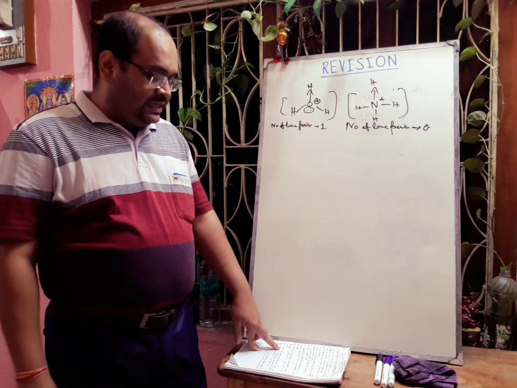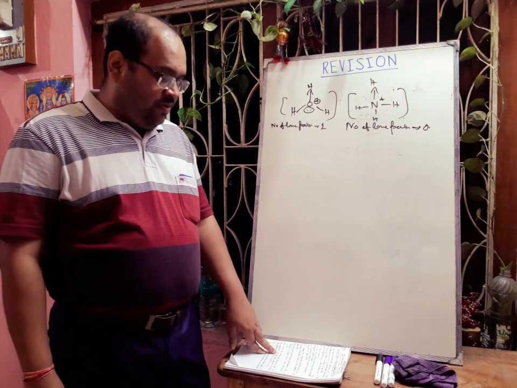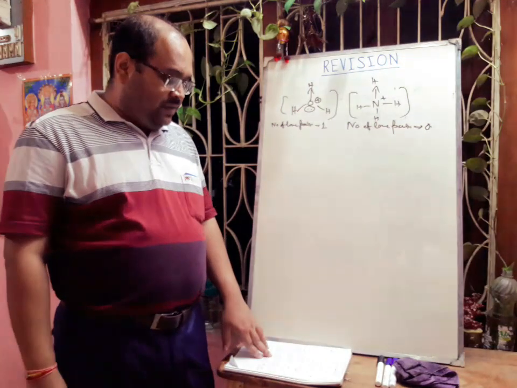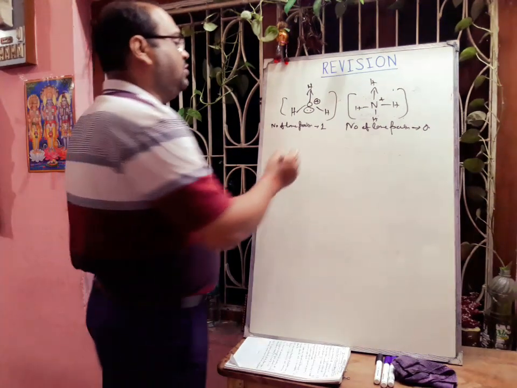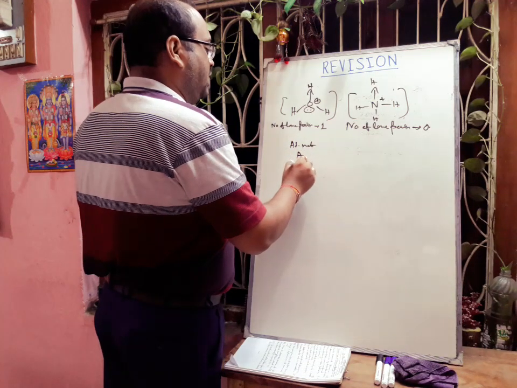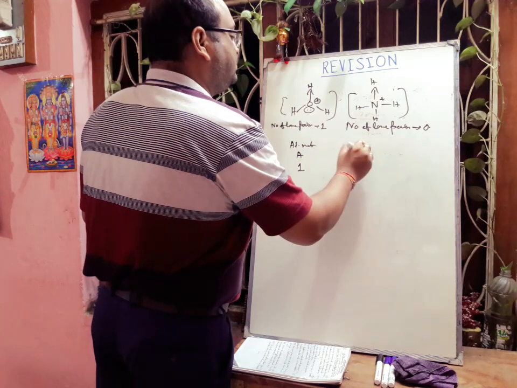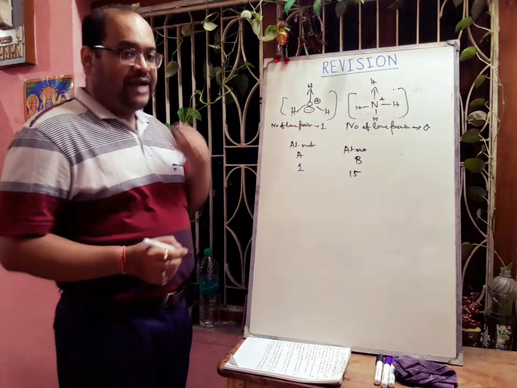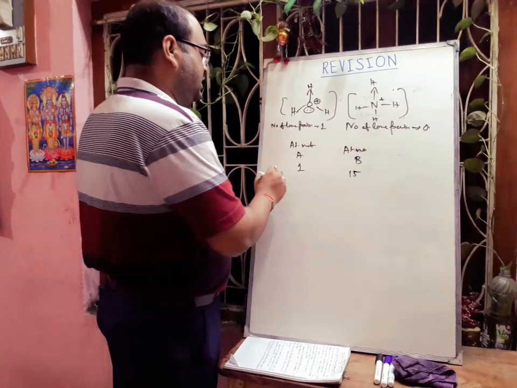Next, question number 6. Draw the electron dot structure of the compound formed by two elements A and B, where the atomic number of A is 1 and the atomic number of B is 15. Here we have to write the number of valence electrons.